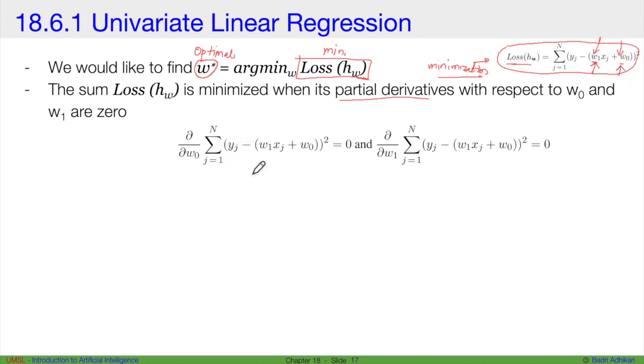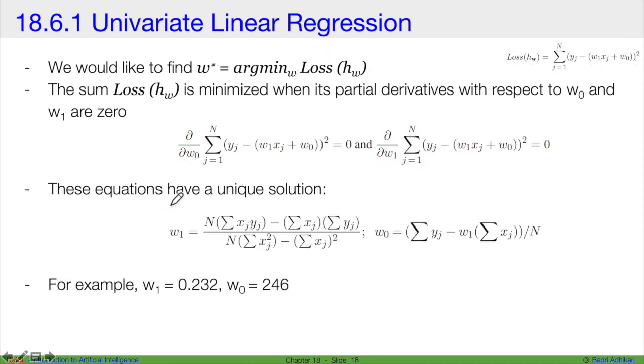This leaves me with two equations: the partial derivative with respect to W0 and the partial derivative of the same equation with respect to W1. It turns out that because this equation does not have any nonlinearity in it, these two equations give us a unique solution to the values of W1 and W0.